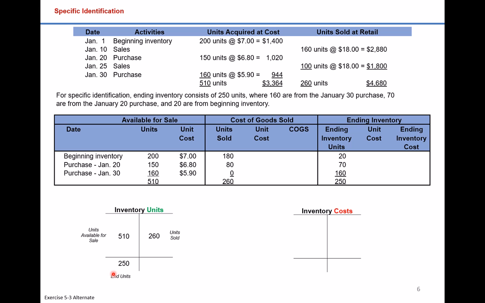So as far as inventory cost, the cost of goods available for sale, that's the same as what we showed on the very first slide for the problem. That's $3,364. Remember, that's just the dollar amount they paid for every single item that they had available to sell to their customers during the period. So all 510 units that they had available to sell, those all cost them $3,364.